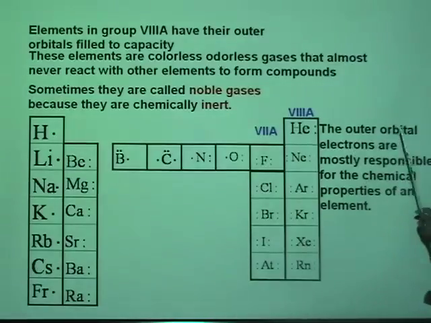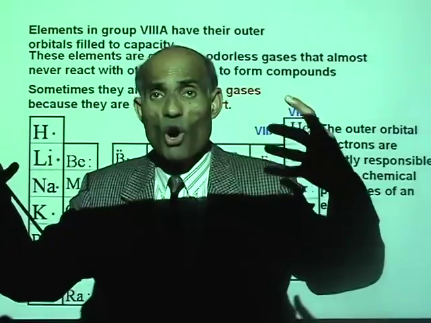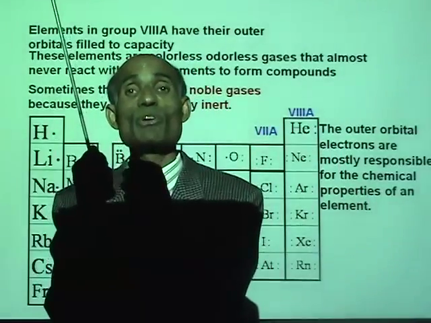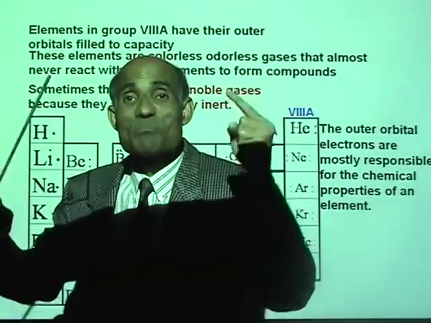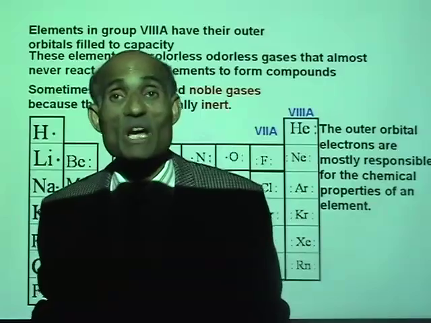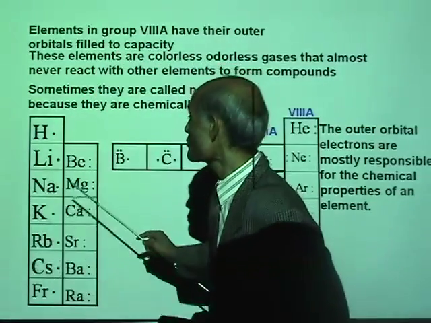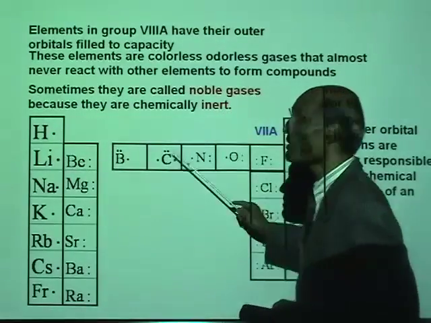The outer orbital electrons are mostly responsible for all the chemical properties of elements. Now, with this discussion, you should know that all the chemical action happens between elements. Mostly it is due to the number of electrons in the outer shell. So the chemical behavior of an element is actually dictated by the number of electrons in the outer shell.